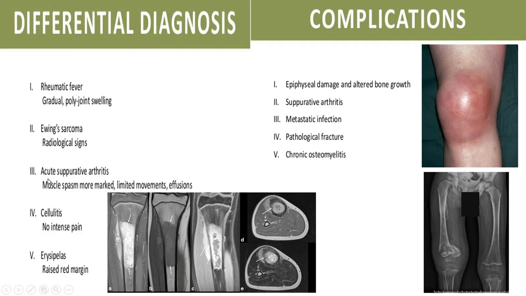Sometimes there is a chance of cellulitis, acute suppurative arthritis, and also erysipelas with a raised red margin, which is only a superficial infection. But the most dreaded differential diagnosis is Ewing sarcoma, and the most common differential diagnosis is cellulitis, and rheumatic fever with joint pain.